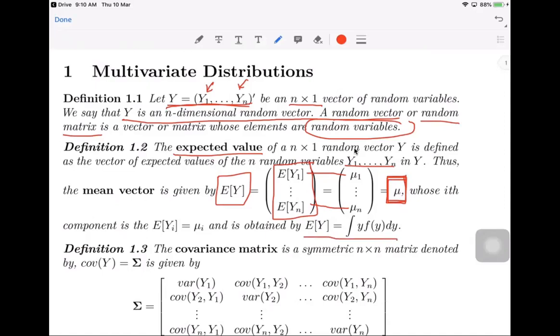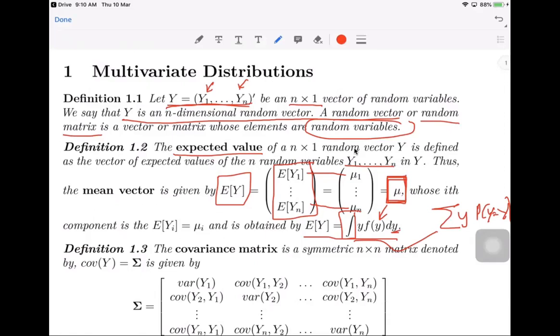Mathematically, you can solve the expectation, if your random variable is continuous, by getting the integral of y times its probability density function, dy. If it is discrete, the integral sign is substituted by the summation sign, over y times the probability that capital Y is equal to small y, which is the probability mass function.